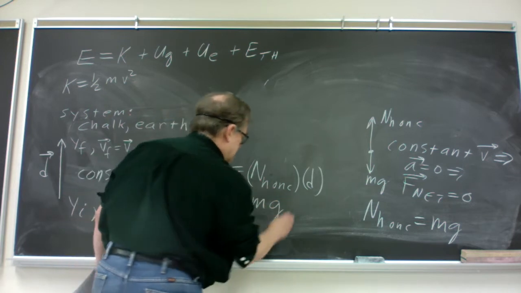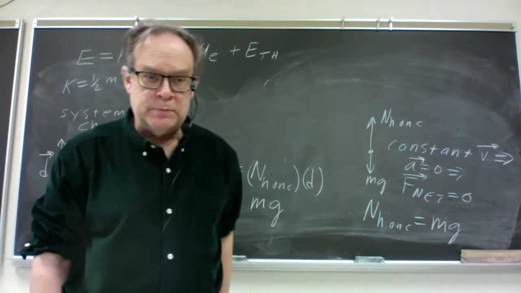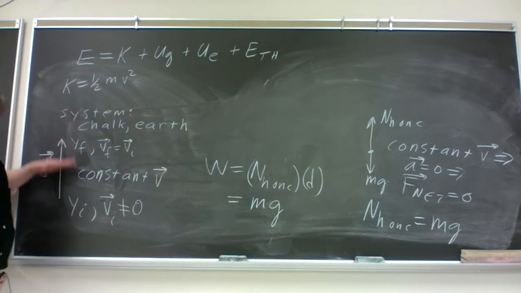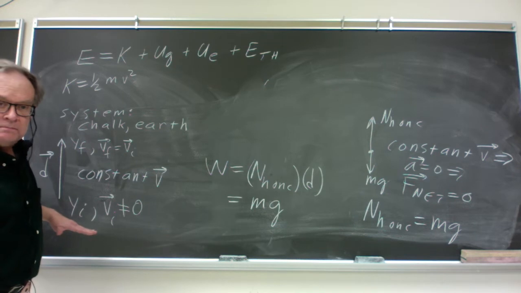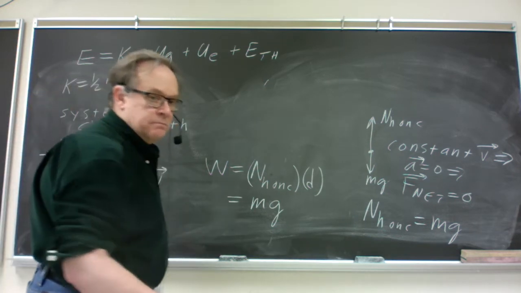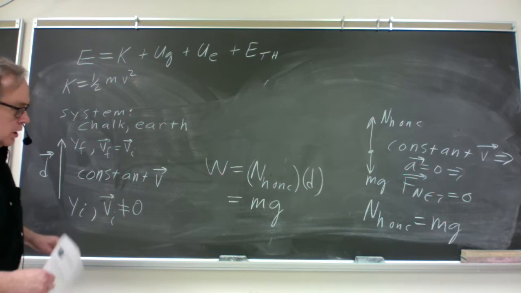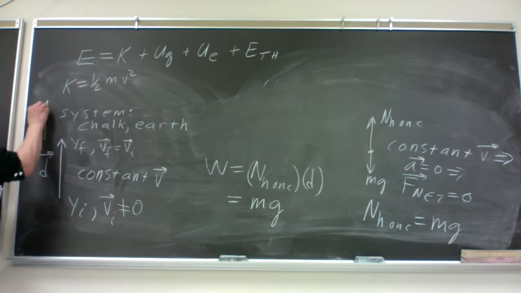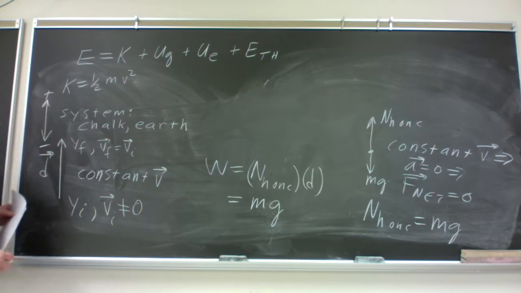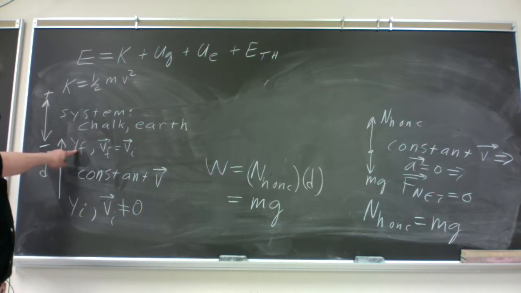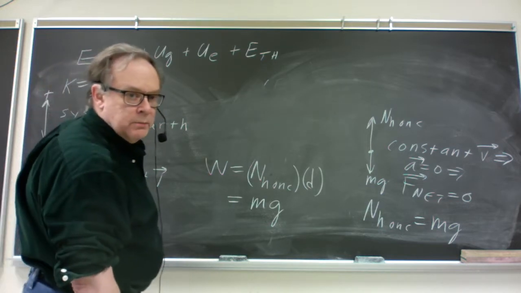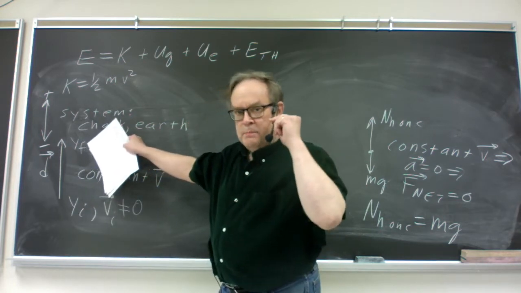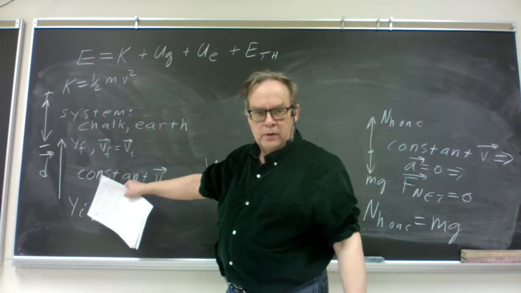So I'll do that. Now, for the displacement term, displacement in this case is just the difference between the final elevation and the initial elevation. If I just imagine a coordinate system where the positive direction is up, then this final elevation number is a bigger number than the initial elevation.